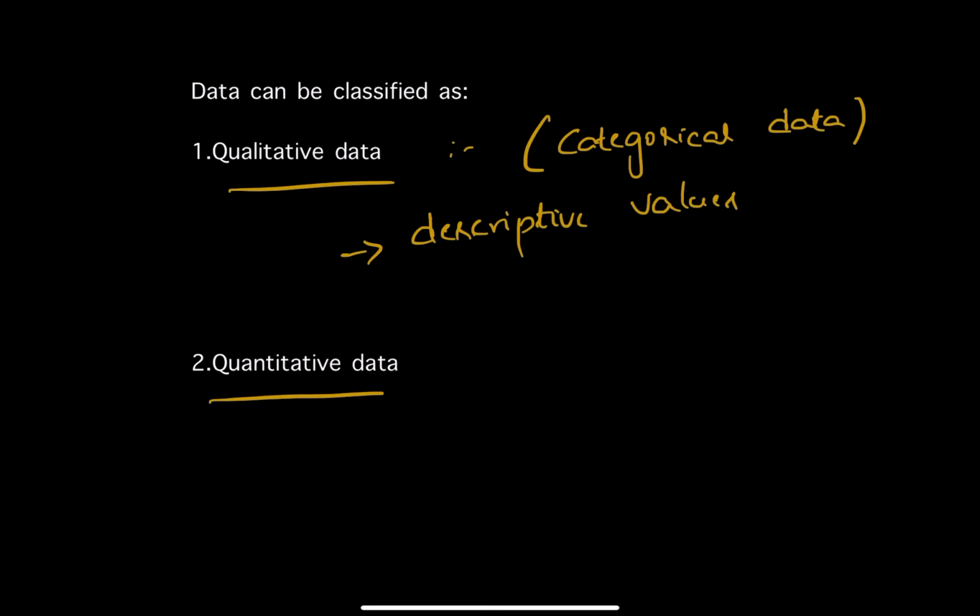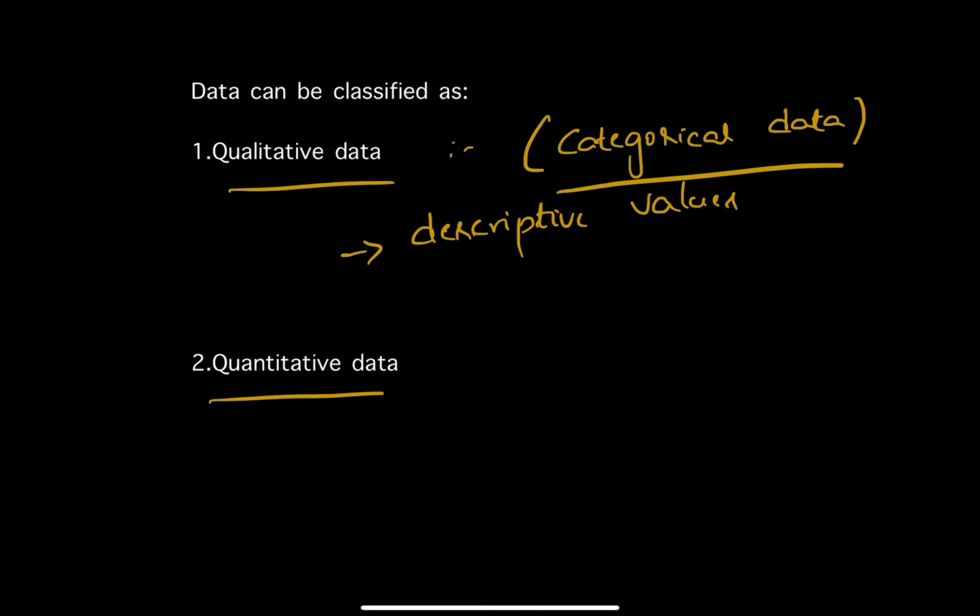These values cannot be measured. These are only used to describe something. Suppose if you want to describe a person's skin color or eye color or hair texture, any such type of data comes under categorical data.